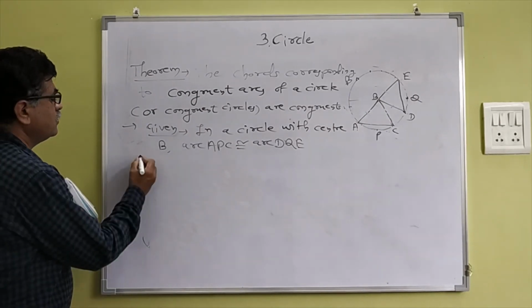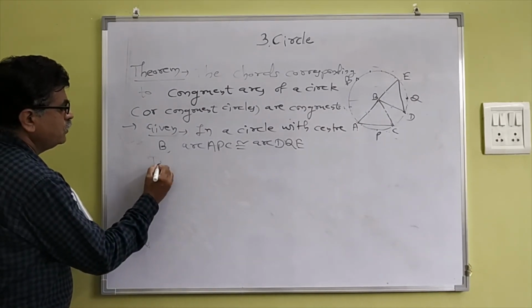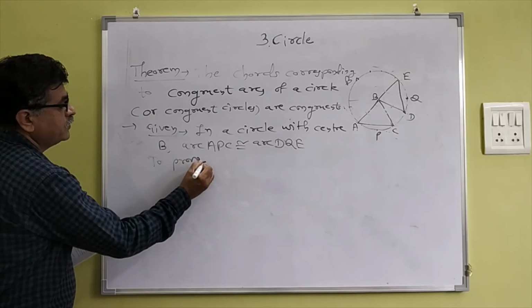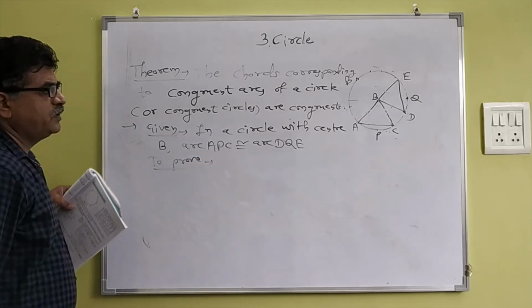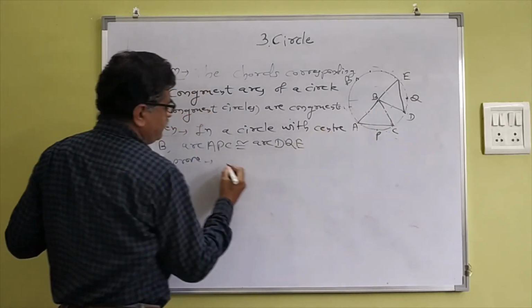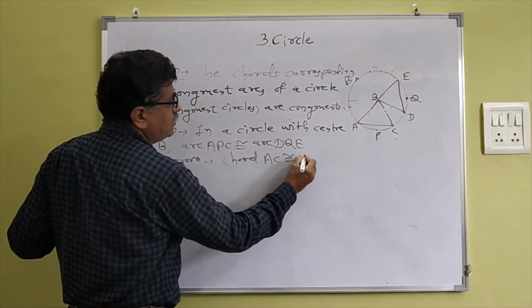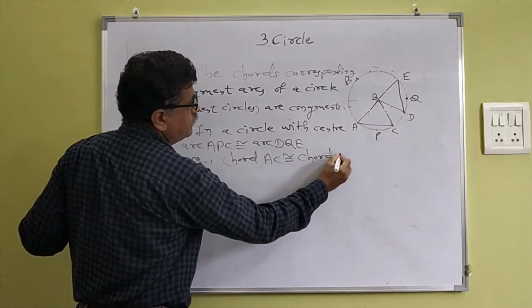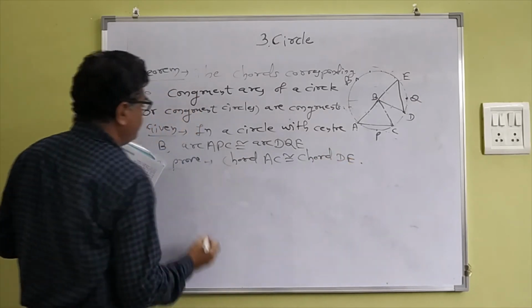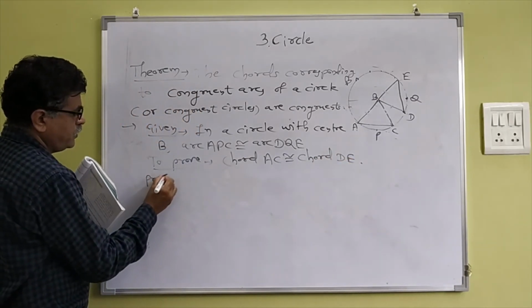These two arcs are congruent. To prove: chord AC congruent to chord DE.